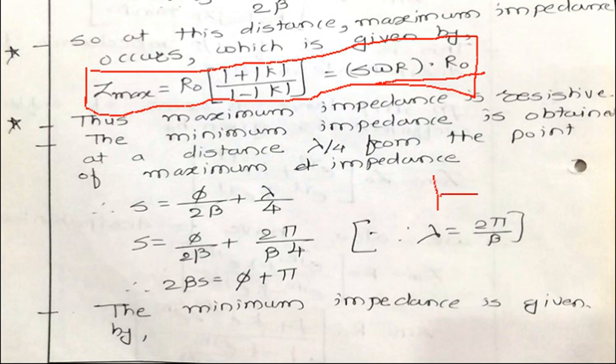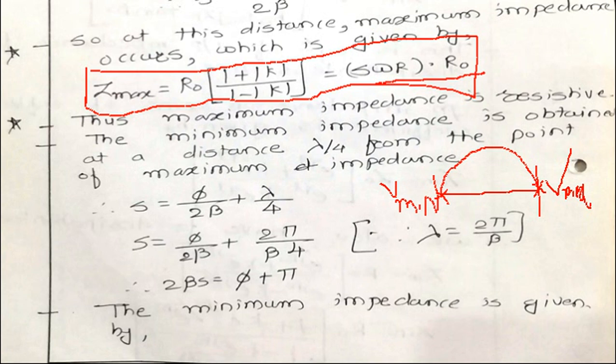So on the Smith chart I am going to explain all these things. If this is a Smith chart, if the maxima occurs here, V max, the minima will occur on this left hand side part, V min, and between V max and V min there is a wavelength difference of lambda by 4.